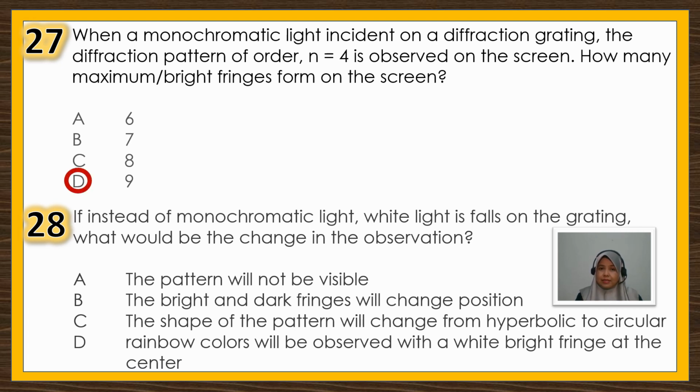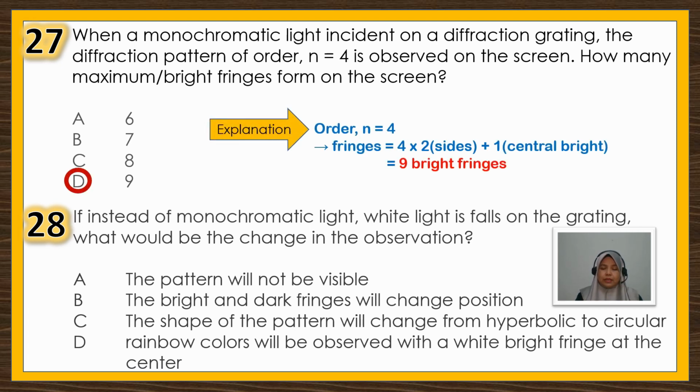How do we get this answer? From the calculation, if the order is equal to 4, the number of fringes is 4 times 2, plus 1 for the central bright, so it is equal to 9 bright fringes. For question number 28, if instead of monochromatic light, white light falls on the grating, what would be the change in the observation?